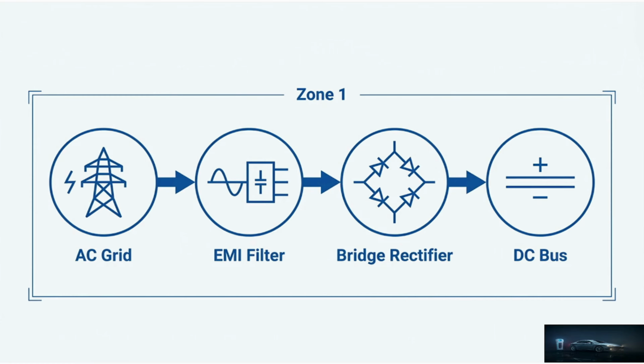But this DC is still not smooth enough. Completing this stage till here, this DC is not something we can use to charge the battery. Still, this is not smooth enough.